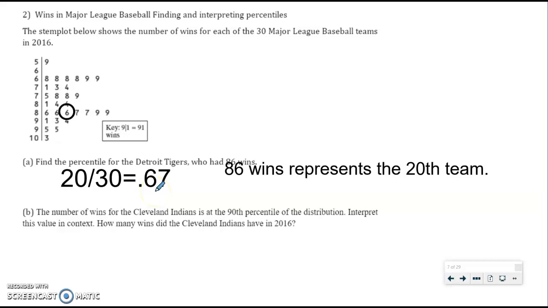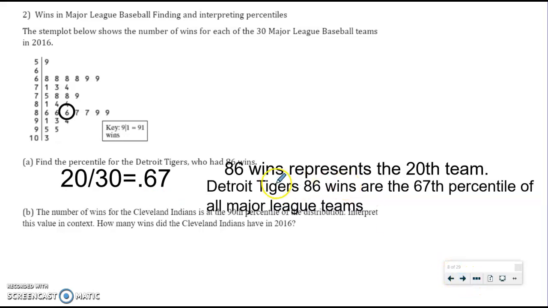From there, I can make a conclusion: 0.67 is the same thing as 67%, which gives me the 67th percentile. So the final conclusion is that the Detroit Tigers' wins are at the 67th percentile of all Major League teams, which is pretty good overall.